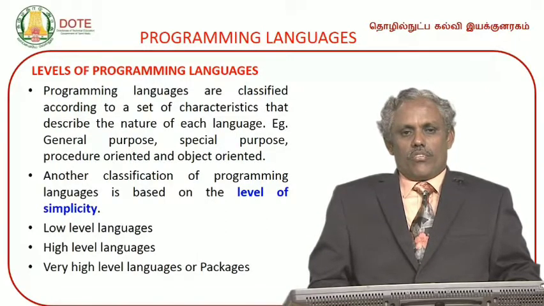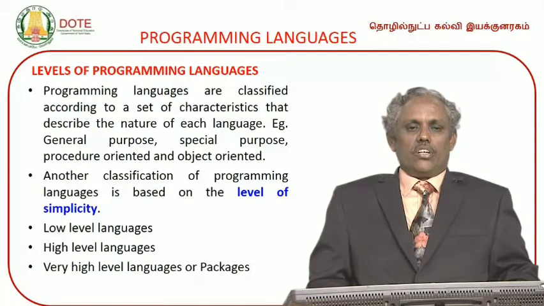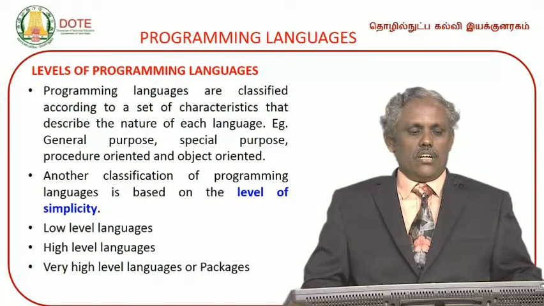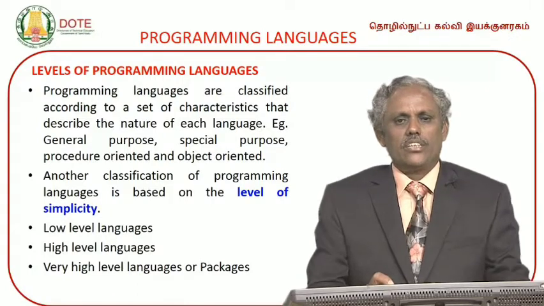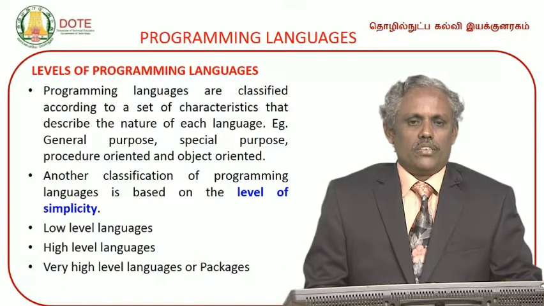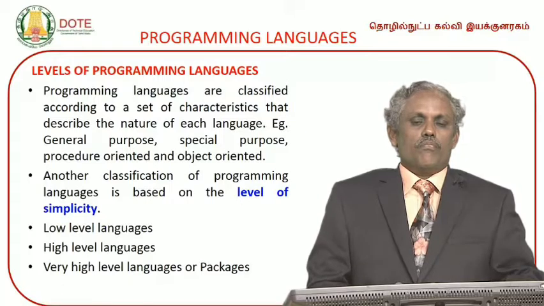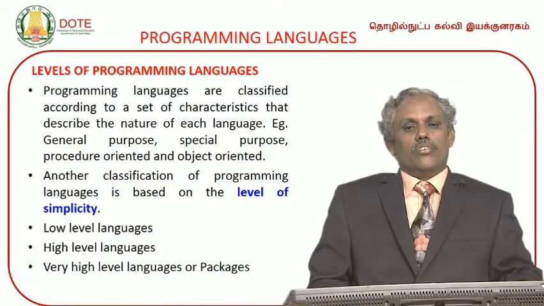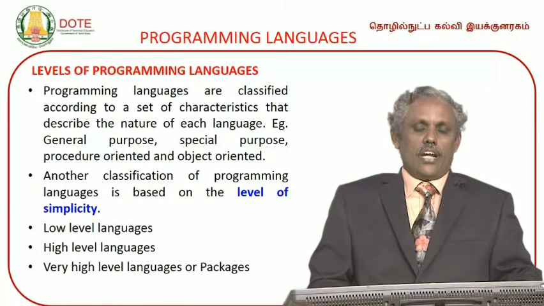Programming languages are classified according to a set of characteristics that describe the nature of each language, the purpose of the language and the method of solving problems. So, we classify the languages.